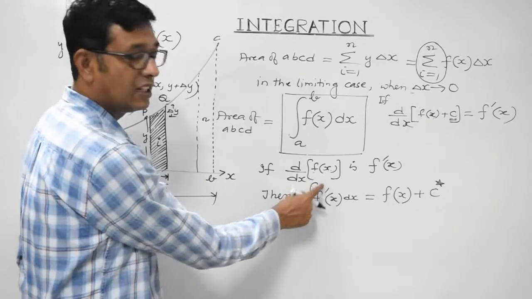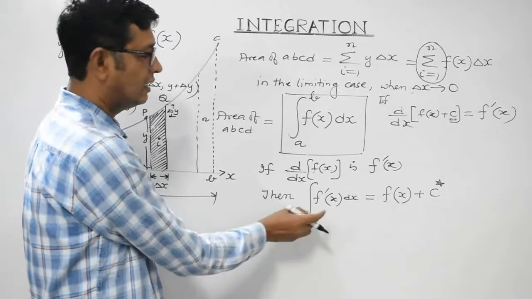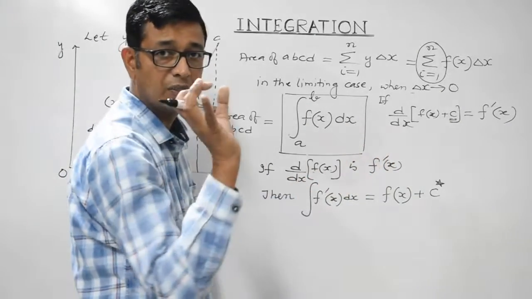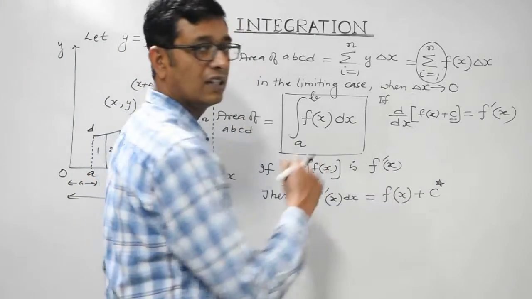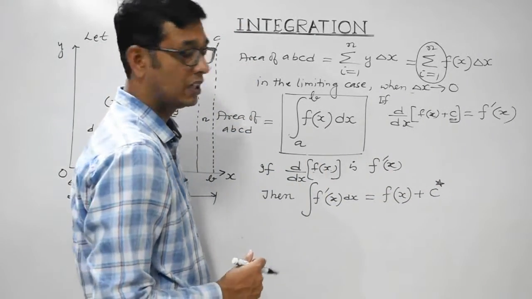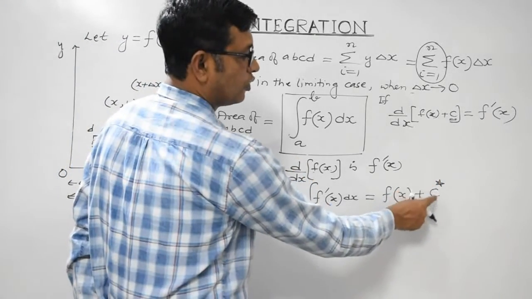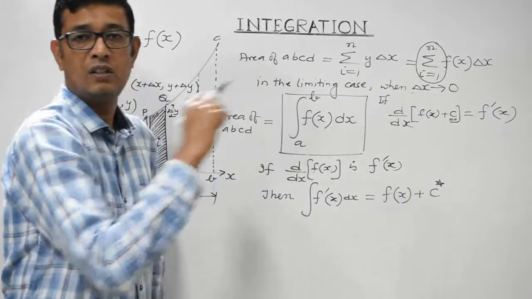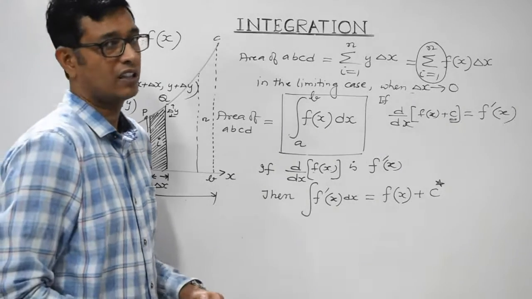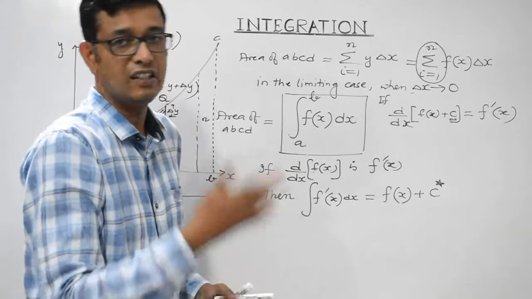In the case of a definite integral, where the limits are given, you will obtain a particular numerical value, so there is no need to apply that constant, right? But in the case of an indefinite integral, where the limits are not given, it is absolutely mandatory to write c or k, which is the constant of integration.